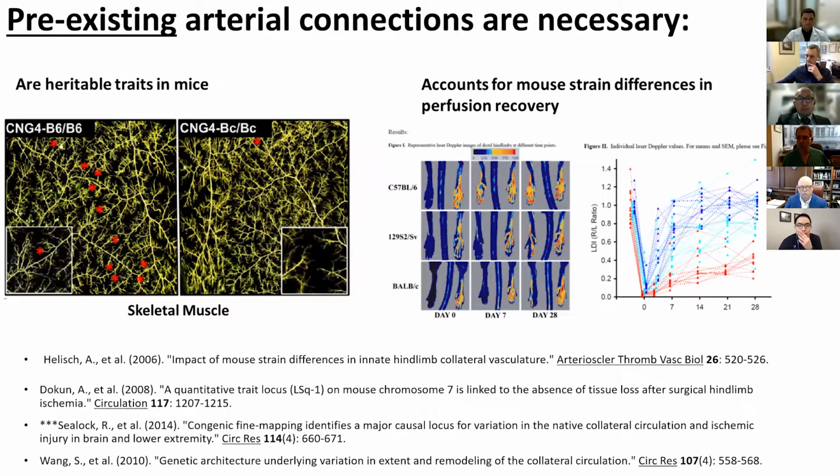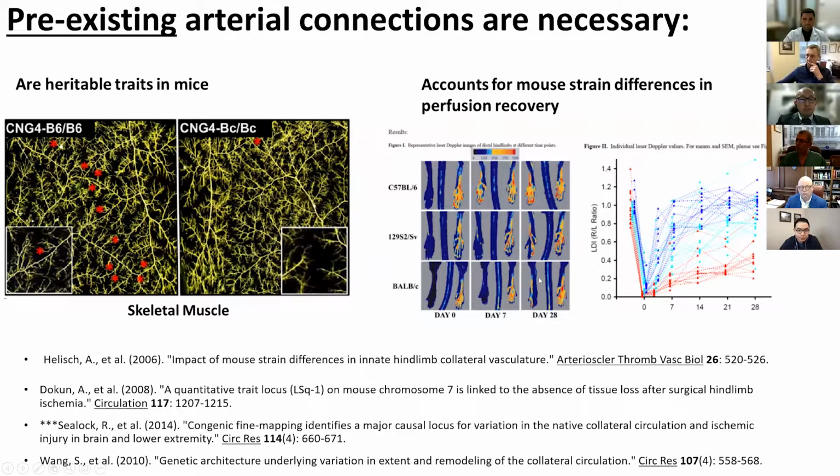This apparently is a heritable trait and has been studied pretty extensively in mice and has been thought to account for a lot of the differences in various mouse strains' response to femoral artery ligation. Some mouse strains, like the C57 Black 6 mouse strain, are notoriously efficient at perfusion recovery after femoral artery ligation, and are thought to perform arteriogenesis rather efficiently.